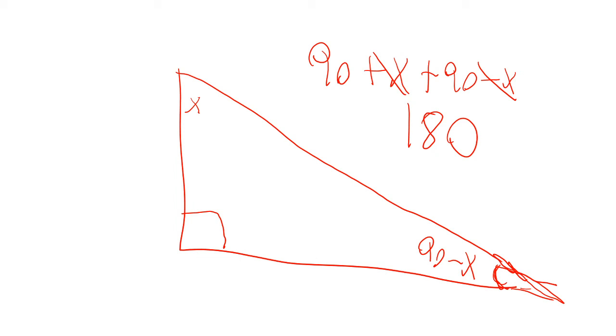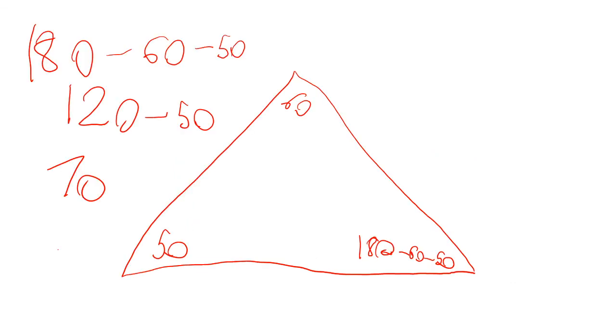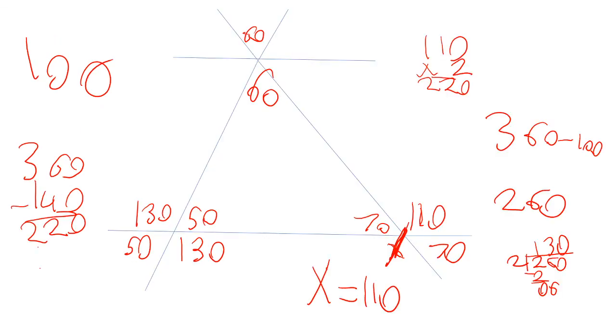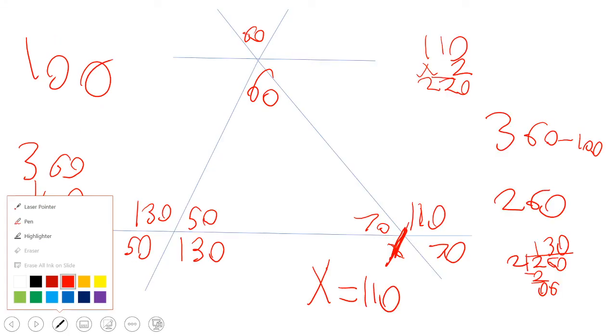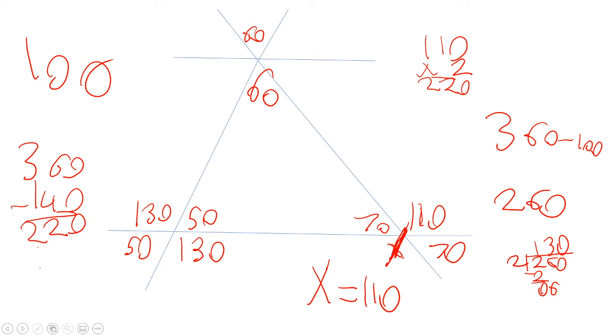And we can just check our work by adding everything up. Same thing here: we take 180, subtract off the 60 and the 50, and we get this. This is useful when you have unknown angle measures in a triangle. Back here, if we pretend that this doesn't exist, we can just do 180 minus 60 minus 50.